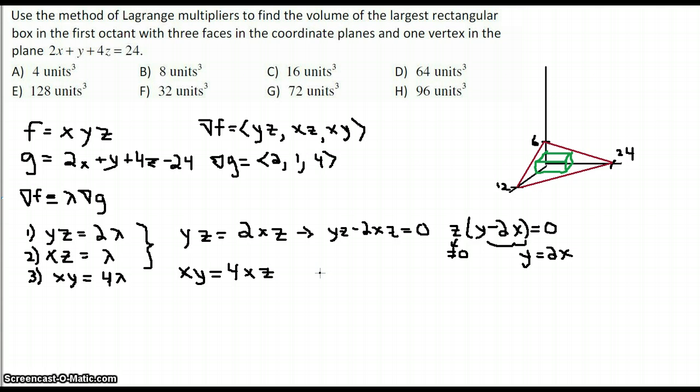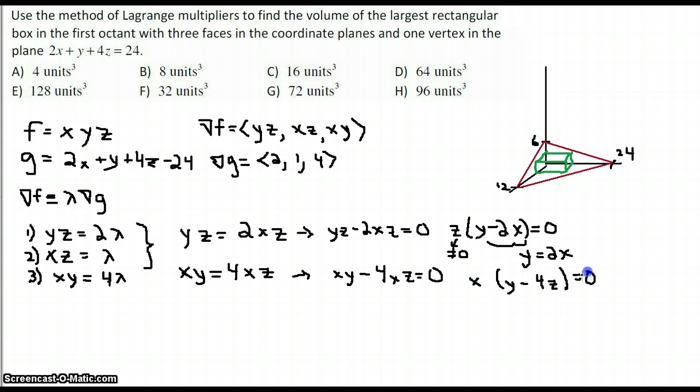This gives us xy minus 4xz is equal to 0, or that x times the quantity y minus 4z is equal to 0.